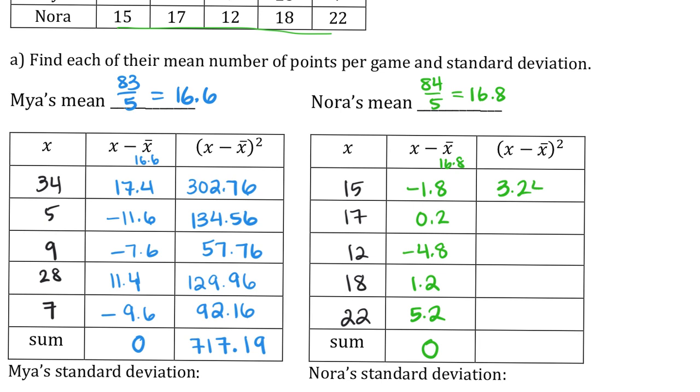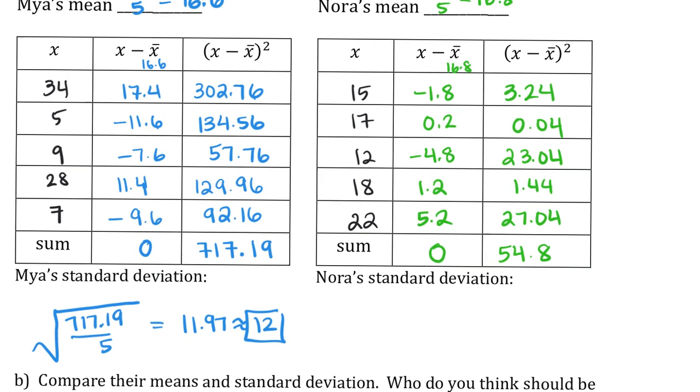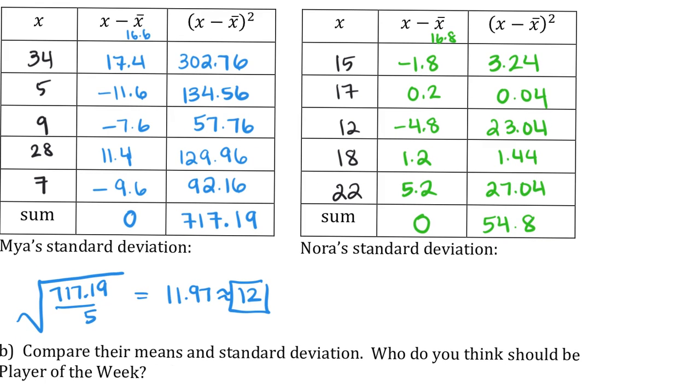So I get 3.24 for the first one. Okay, and then they add up to 54.8. Okay, so standard deviation for Nora is the square root of 54.8 divided by 5, and I'm going to put the whole thing in my calculator at the same time. So I got about 3.3.